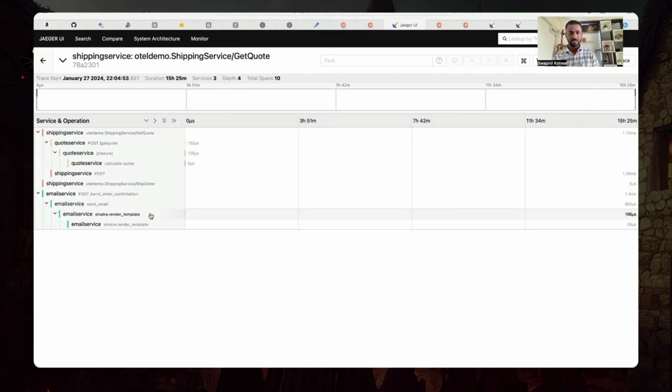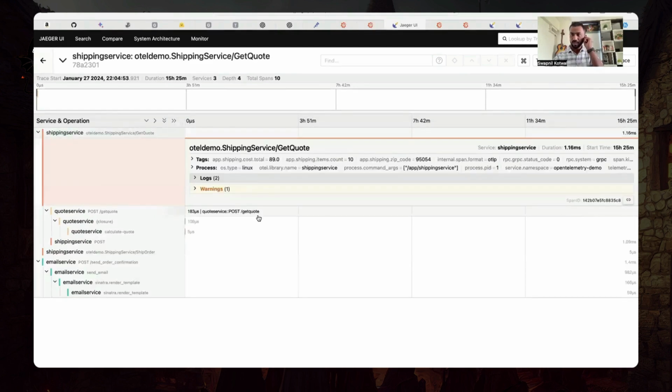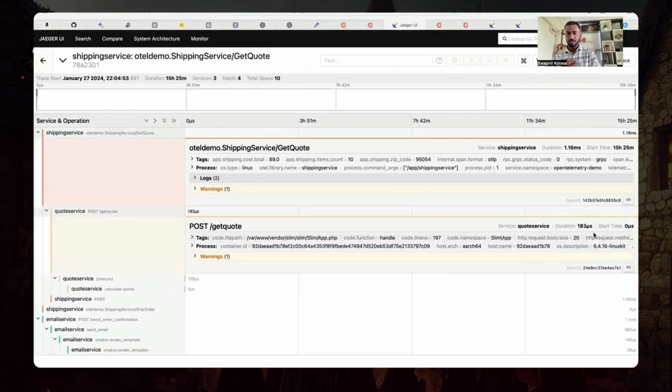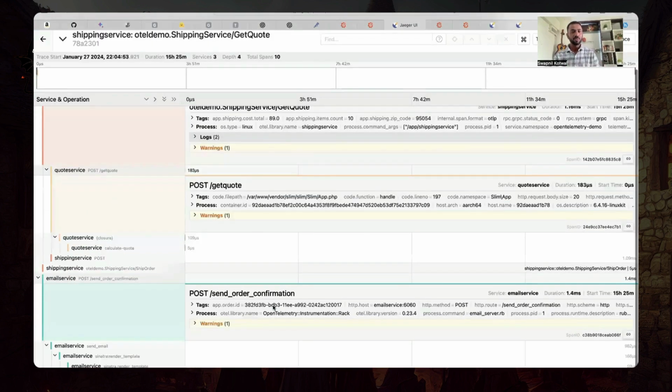That is the representation of how much time it took and the bifurcation of it. If I go over here, I will see how much time it took: 1.16 milliseconds, the next one took 100 microseconds, and likewise. If you can see where the time has gone, you can debug it.